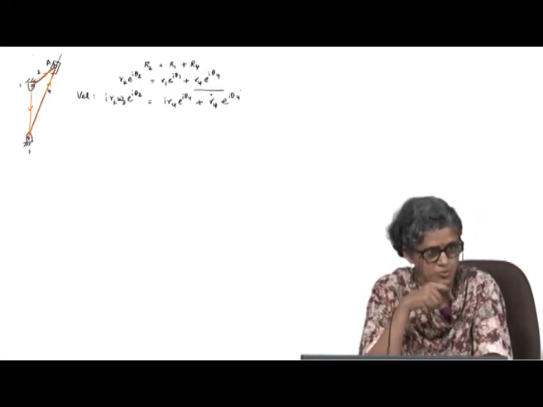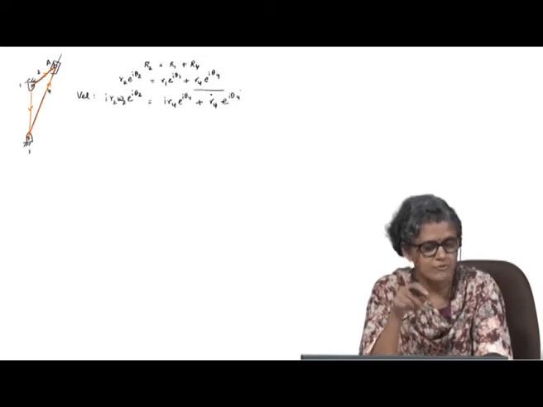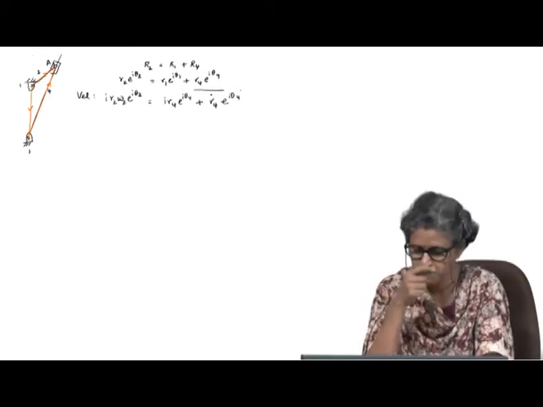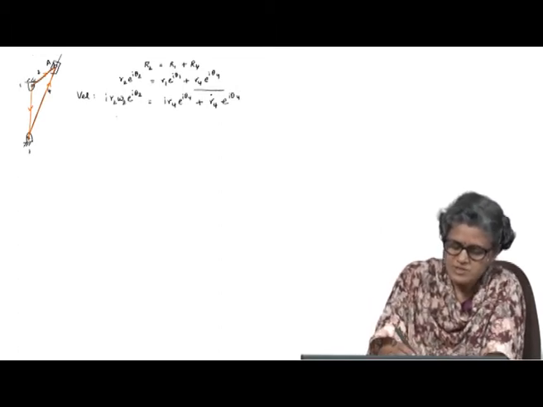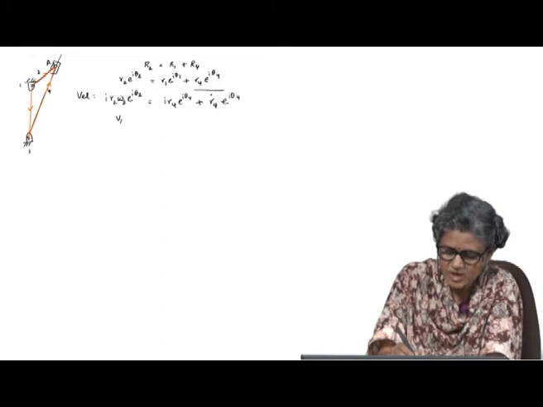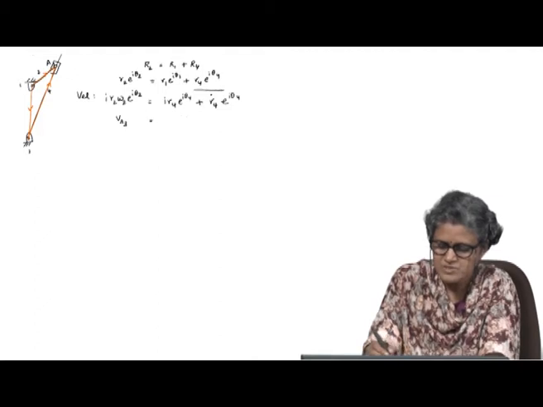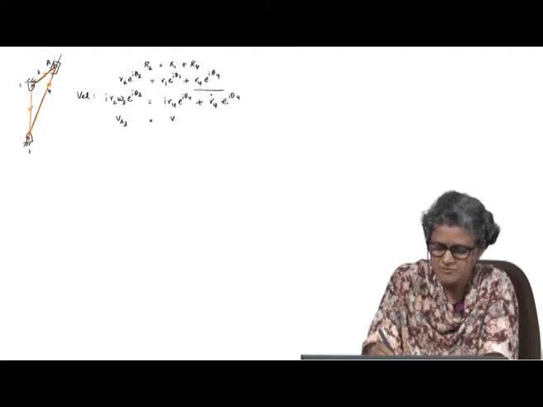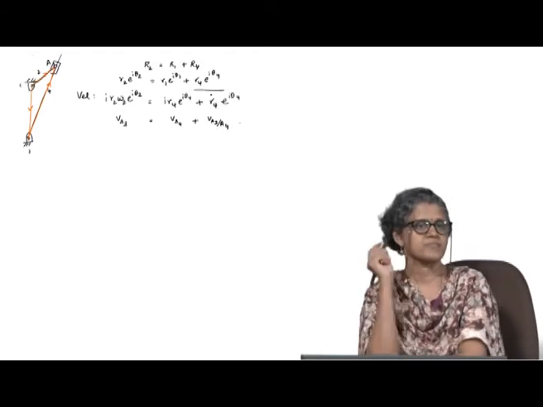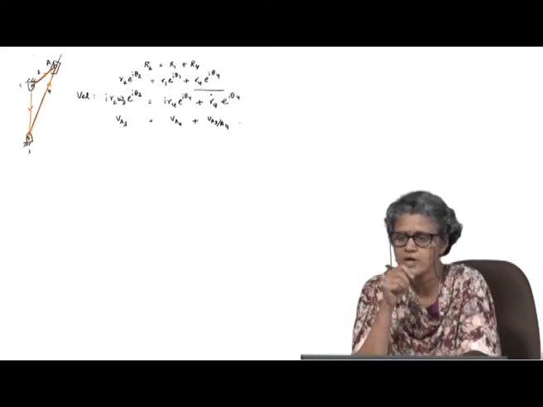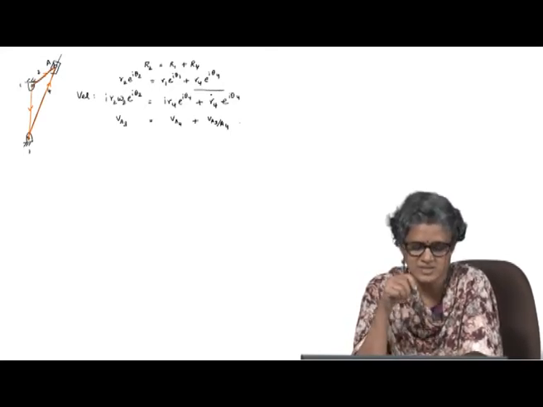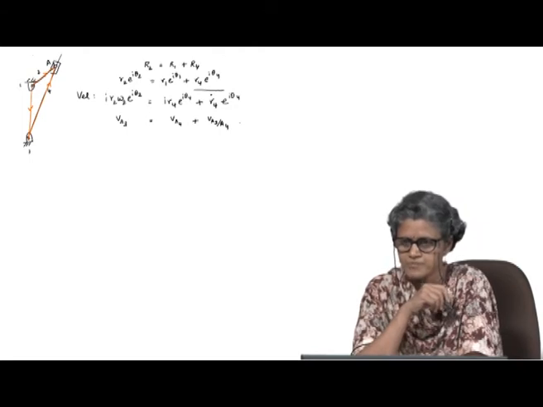To close the loop, R4 has to change in length each time. So, we saw that this is the velocity of A on body 3, which is equal to the velocity of A on body 4 plus the velocity of A on body 3 relative to A on body 4, a point that is coincident at that particular instant on body 4.